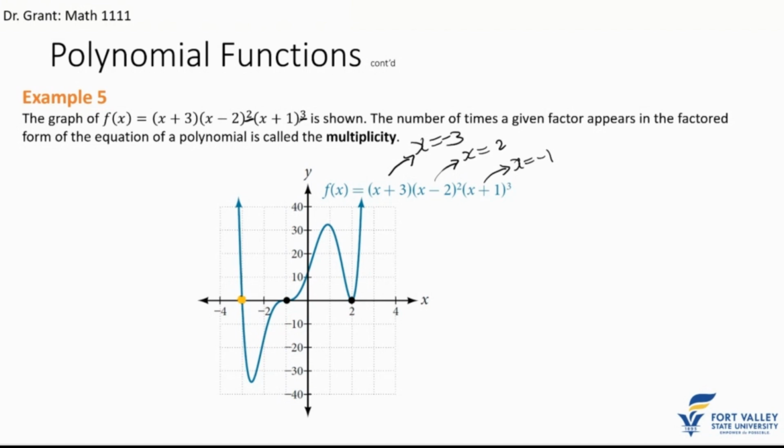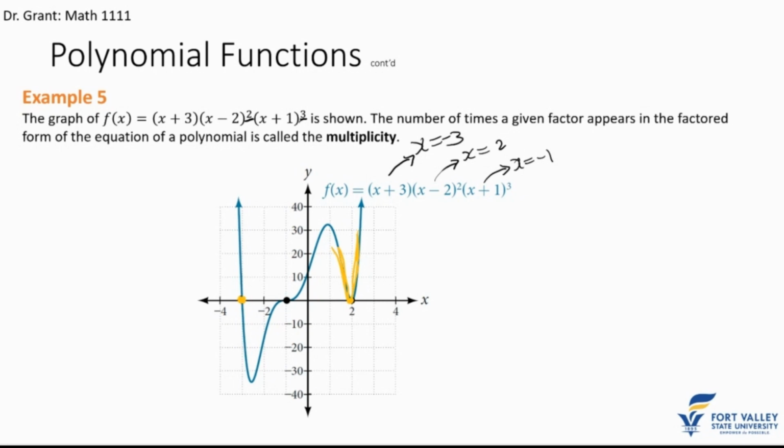So when we have a multiplicity of 1, we're going straight through that point. Then at x equals 2, what do you see happen? We bounced. So when you have an even multiplicity, you're going to do a bounce. So that means you're not going to go through the point. You're just going to bounce off the point.